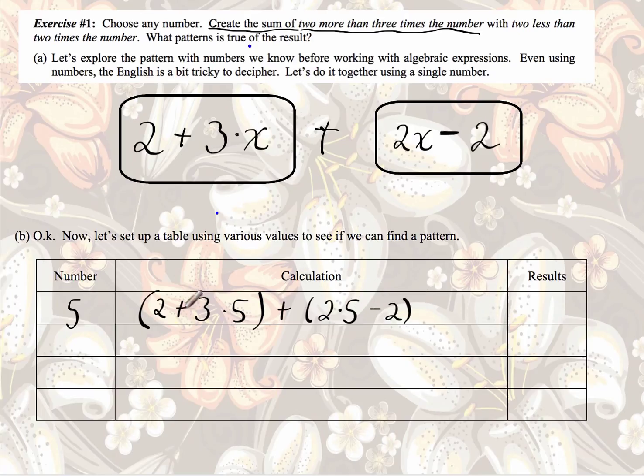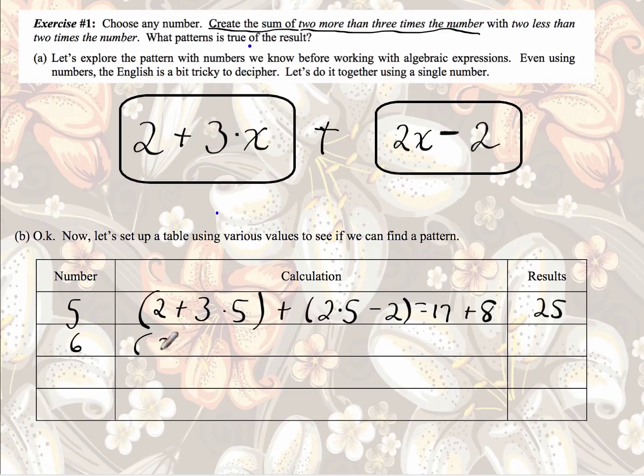So if we do our math, let's see, this is 15, 17, and that's 17 plus, all right, 10 minus 2 is 8. So my result is 25. All right, so my next number I'm going to pick is 6, because I'm just going to go in order here so I can see if there's a pattern.